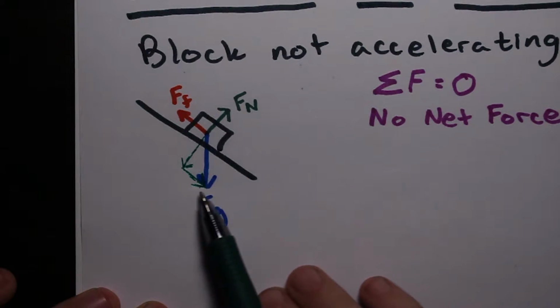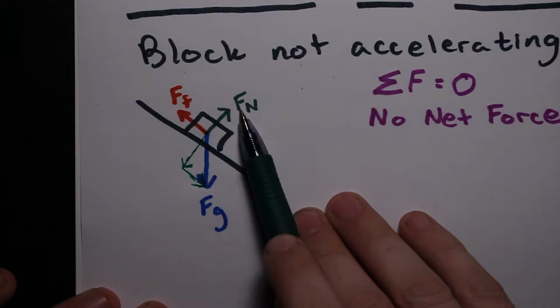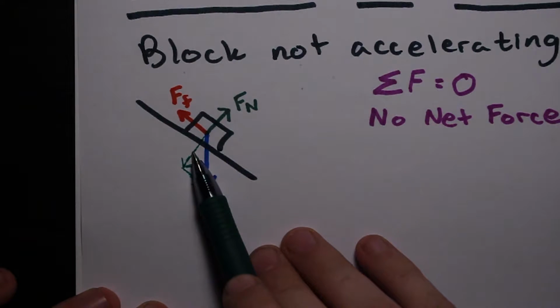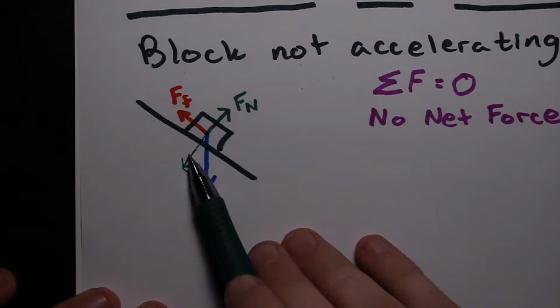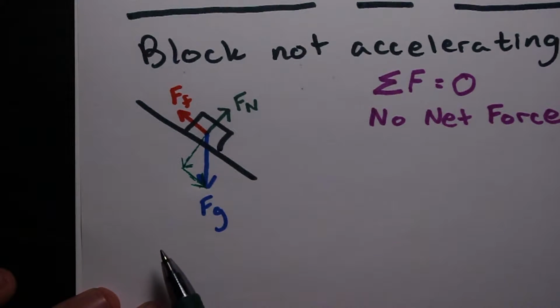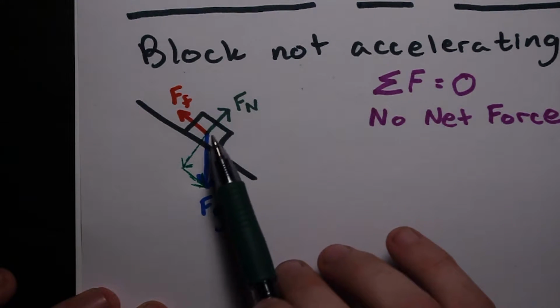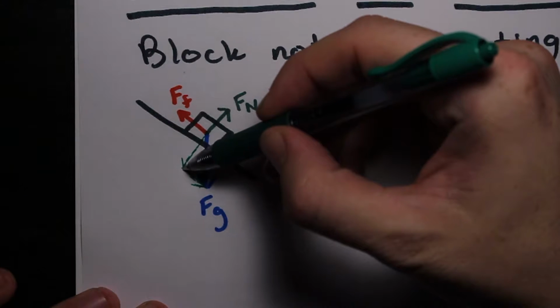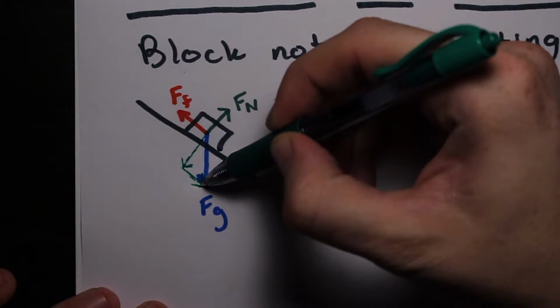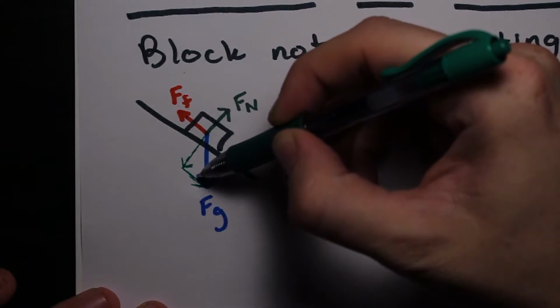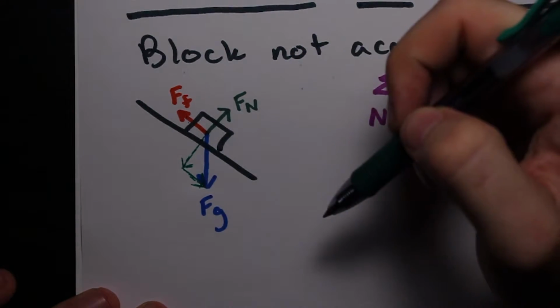Since all the forces are balanced, we know the normal force and this FGY right here are equal and opposite, and they cancel each other out. And if there's no acceleration, this force pulling down the ramp right here needs to be equal and opposite to the friction. So these two right here need to be equal and opposite.